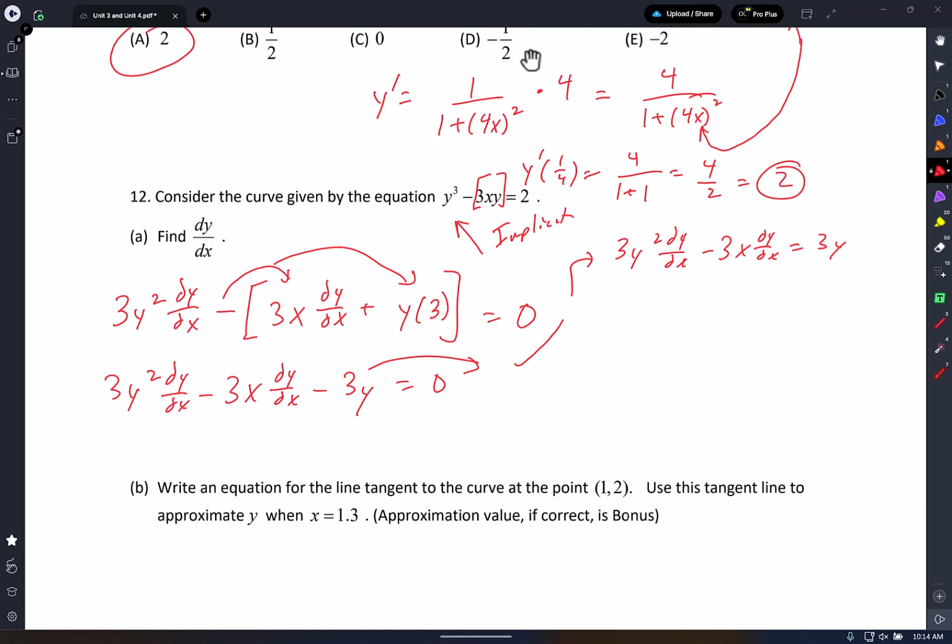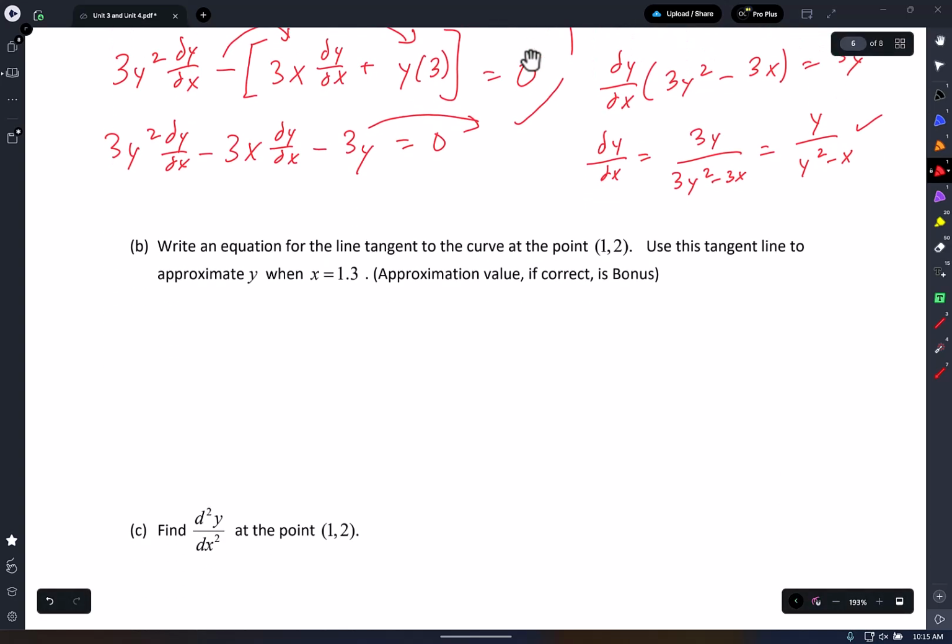I'm going to factor out a dy dx, so dy dx times 3y squared minus 3x equals 3y. Now divide. Dy dx equals 3y over 3y squared minus 3x, which, if you factor out a 3 from both, is y over y squared minus x. And there it is. I think we're good.